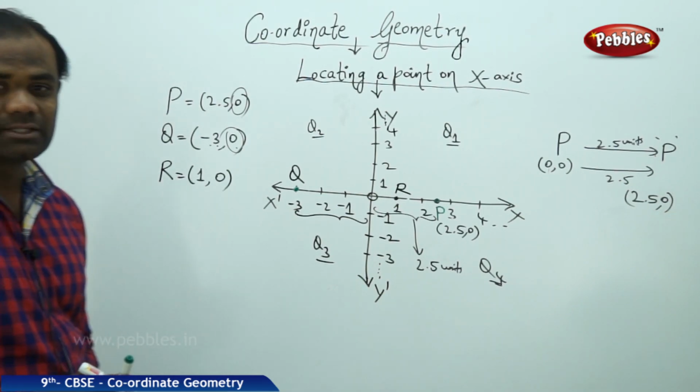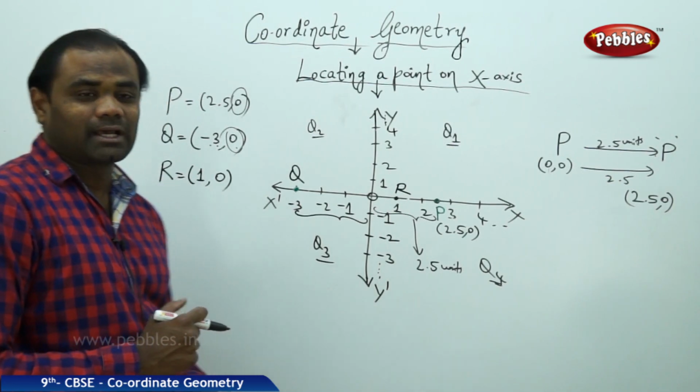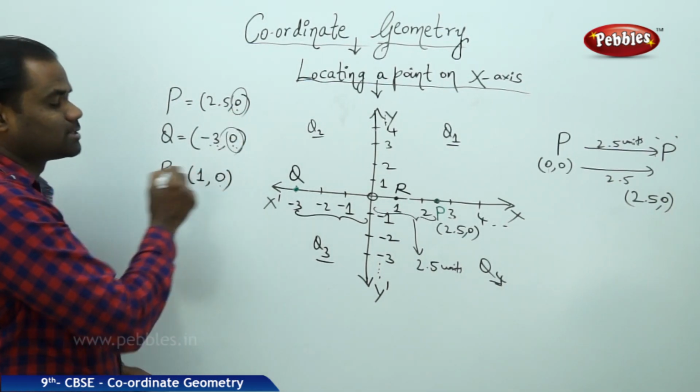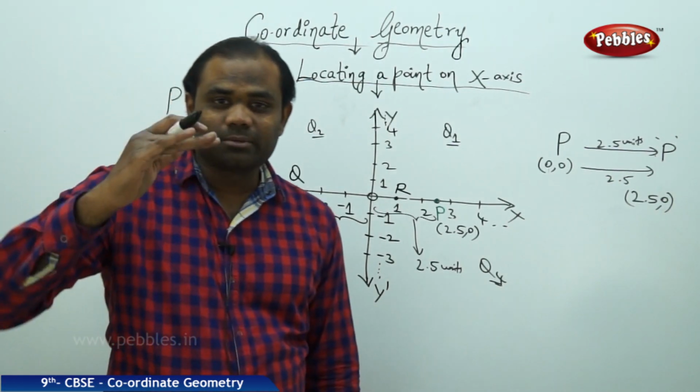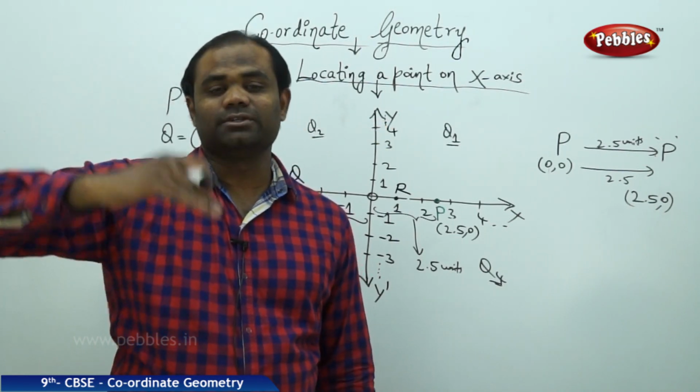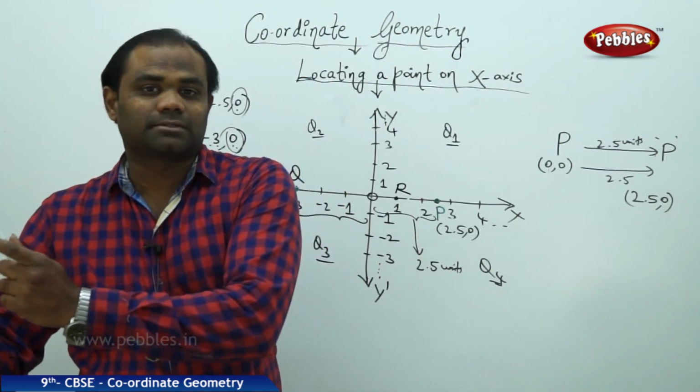We clearly see that each of the points has its y coordinate as 0, because for any point on the x-axis, there's no change in y, but there's a change in x.